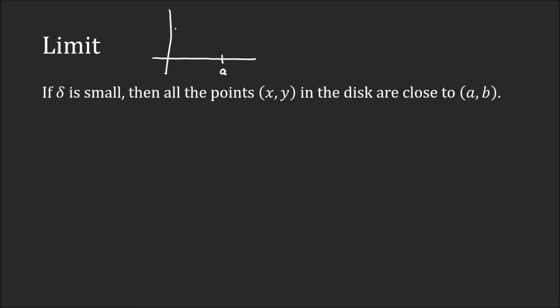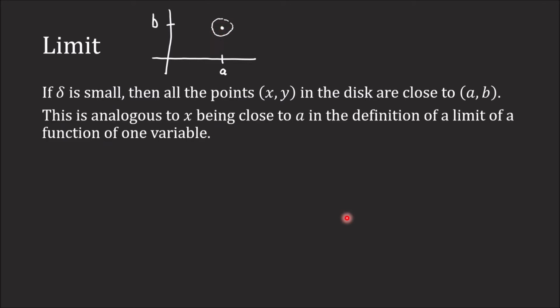So here's a, here's b, there's my delta disk around it. Notice that if delta is small enough, every single point in here is going to be relatively close to the center (a, b). So this is analogous to x being close to a in the definition of a limit of a function of one variable.